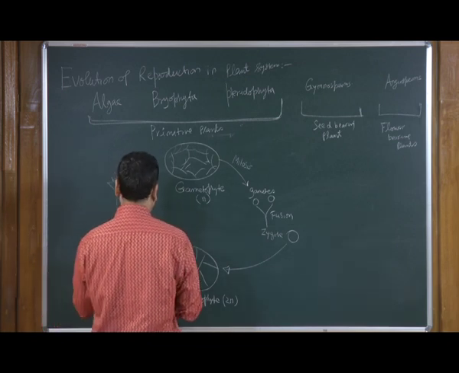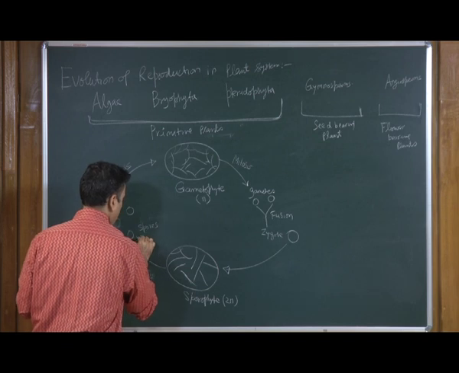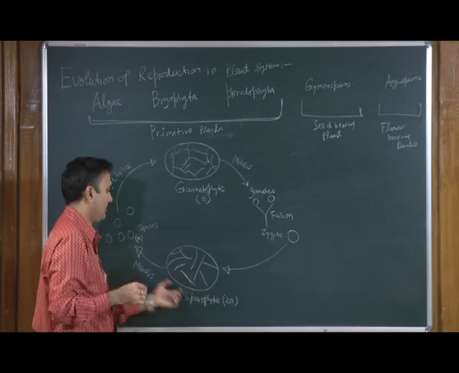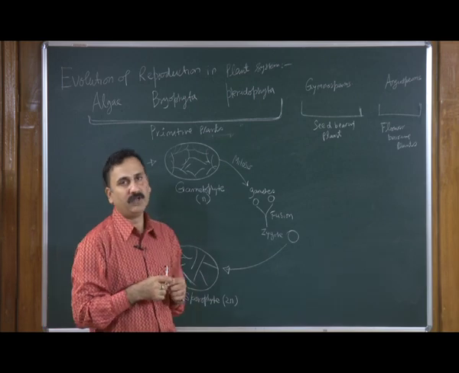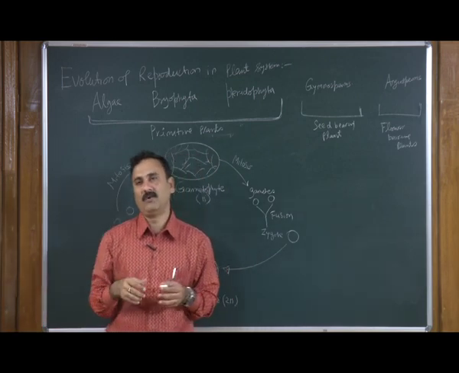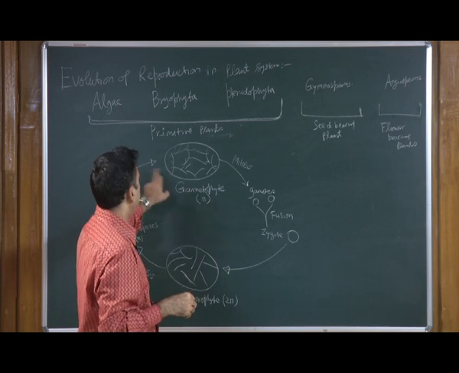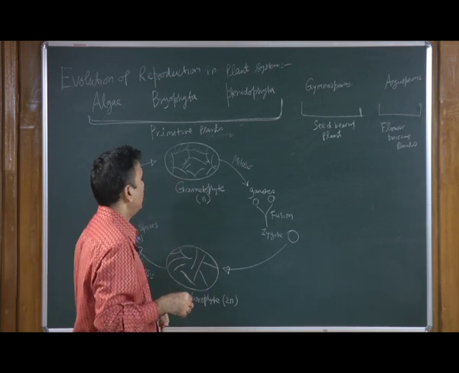So, they are haploid. As soon as there is a meiosis in the sporophyte, it will go for the spore formation, and the spores are haploid in nature, and they will grow by a mitotic division to give you the haploid gametophyte.